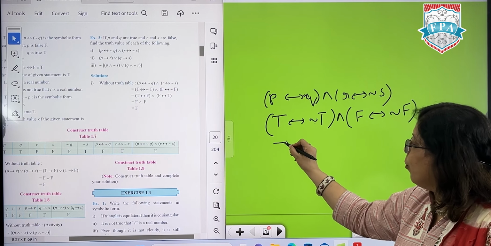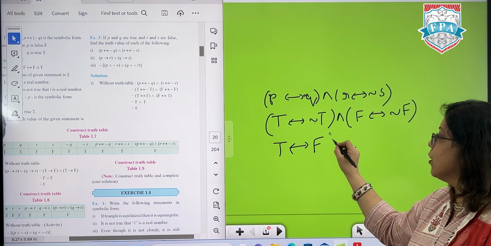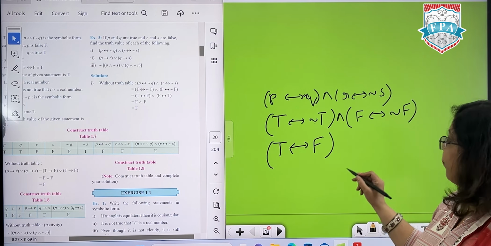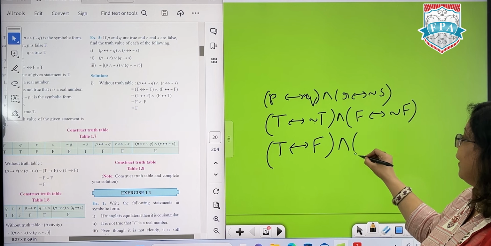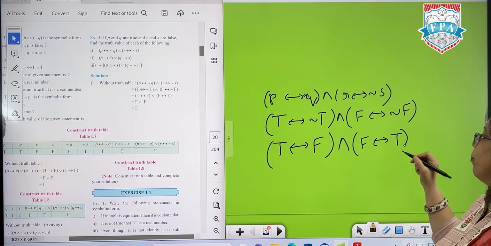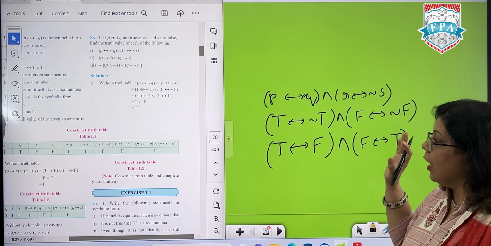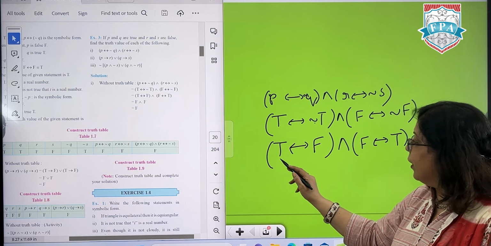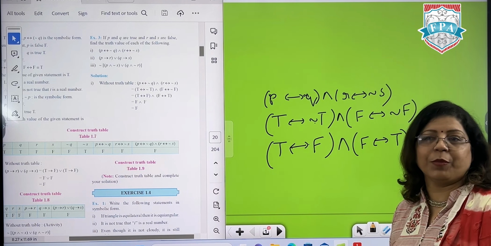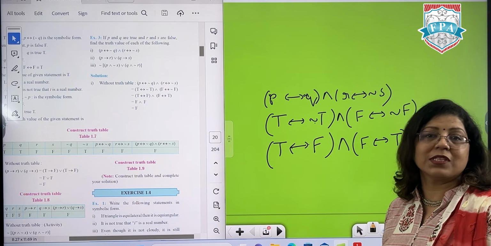So यहाँ पे आपको मिल रहा है T double implication false because negation of true is always false. सेकेंड पार्ट पे हमारे false double implication true because we know कि negation of false will become true. Now if you remember with the biconditional statement, if any one of them is false, answer becomes false.